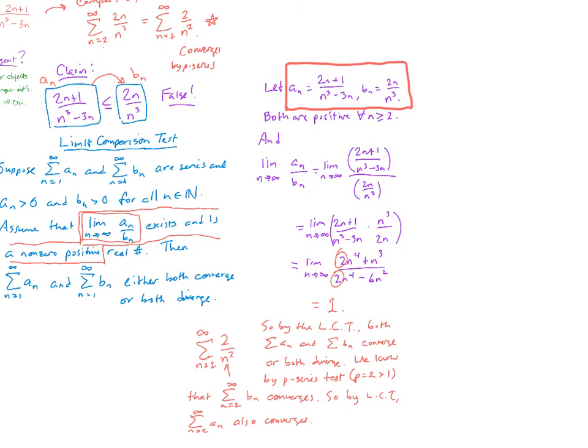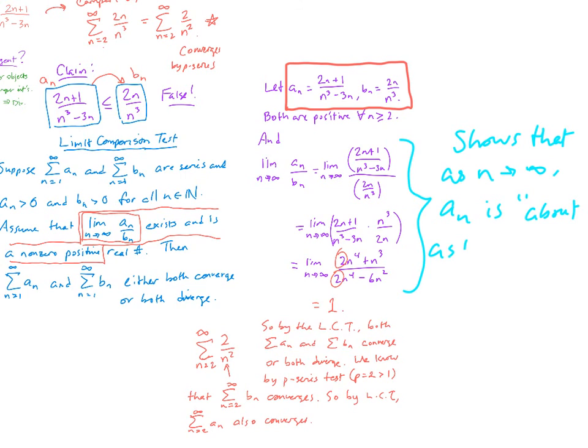But what this limit shows, and this is really the thing I want you to understand about this, is that as n goes to infinity, a sub n is, very much in quotation marks, about as big as b sub n, because the ratio between those is trending towards 1.